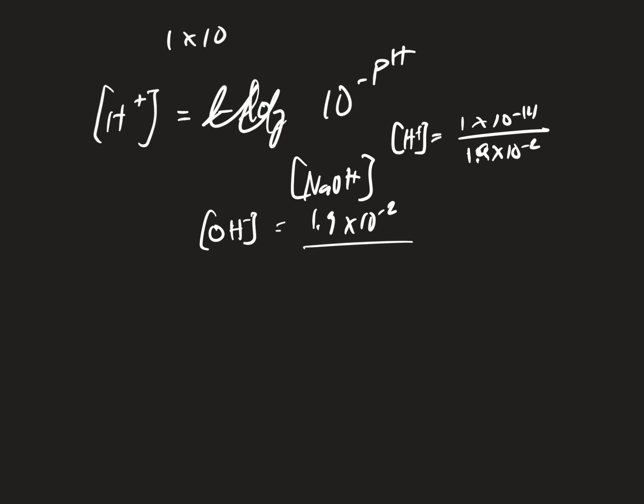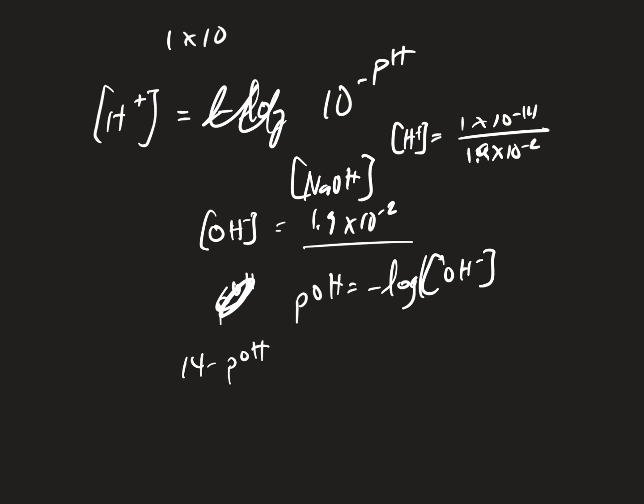So if we know this, then we can find the pOH, right? The pOH is equal to negative log of the OH, is that right? And then once we find the pOH, we could do 14 minus the pOH is equal to the pH.